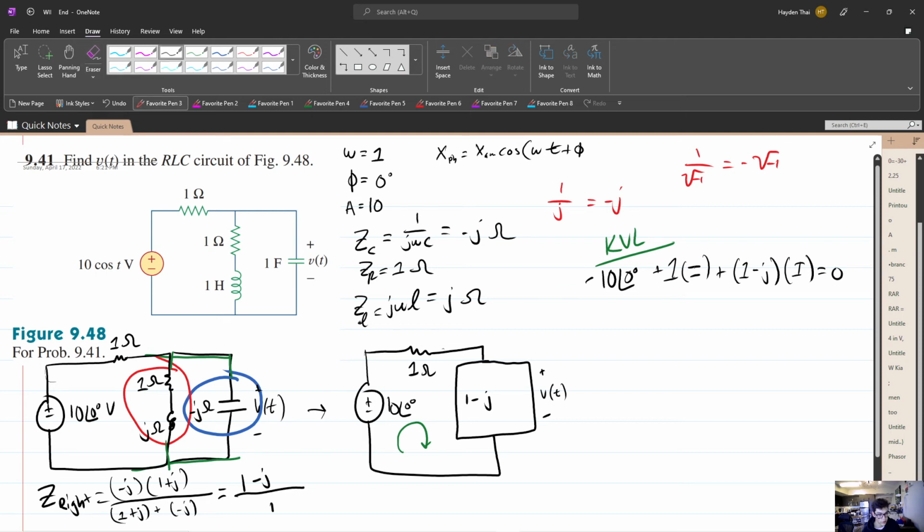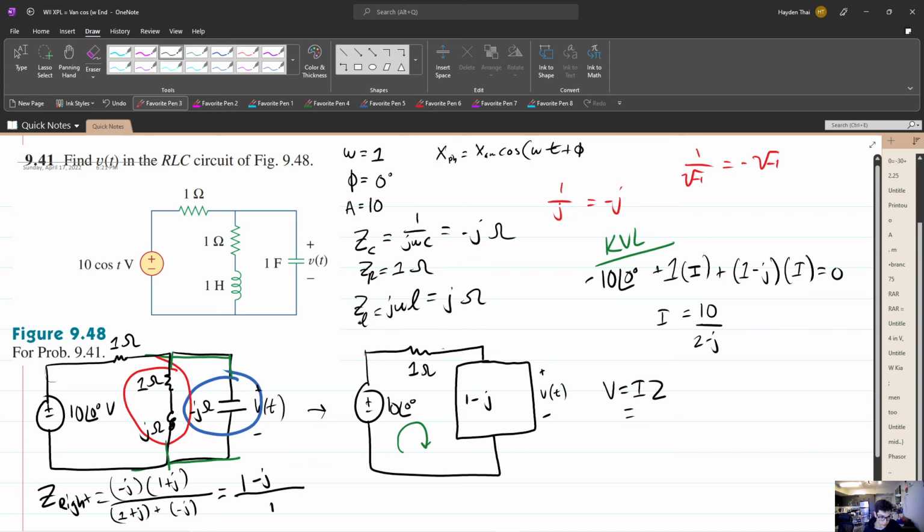And then what we're left with is 2 minus J times I equals 10, or I equals 10 over 2 minus J. Yeah, that's correct.